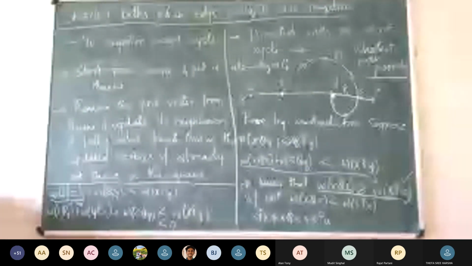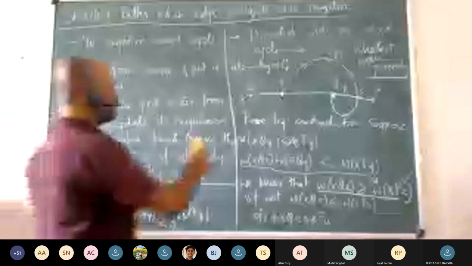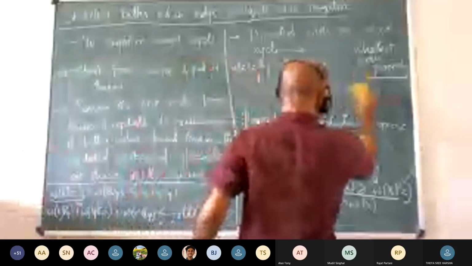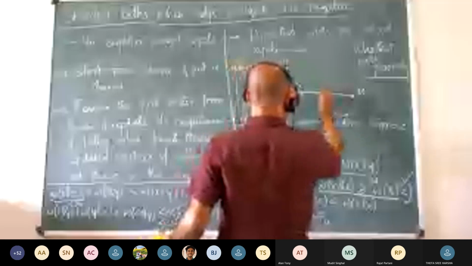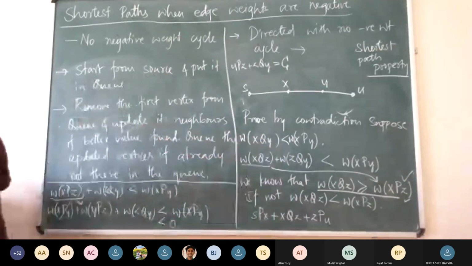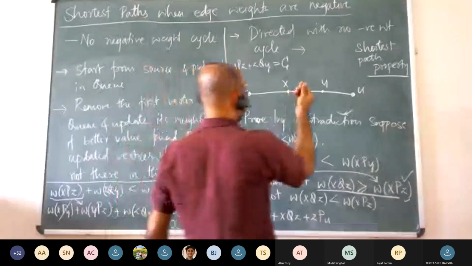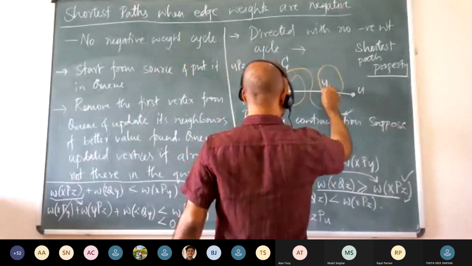This is just one case. The path need not look like this, right? Then you need to exactly select the right X and Y. The shortest path can look peculiar, it can look like this and come like this.